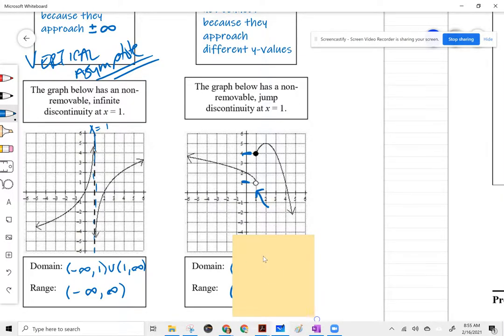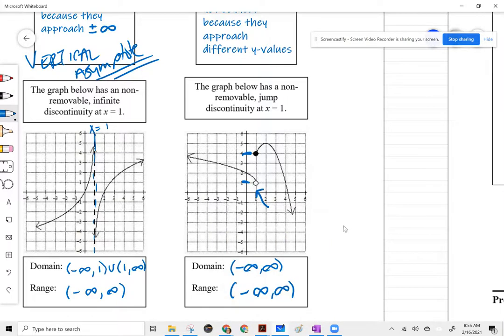All right, so let's take a look at the domain. Now, you may think, well, wait a minute, there's a break in the graph, so there should be a break in the domain. But I want you to think about the domain. You have negative infinity all the way to 1, right? But then you have x equals 1, and it goes to infinity.